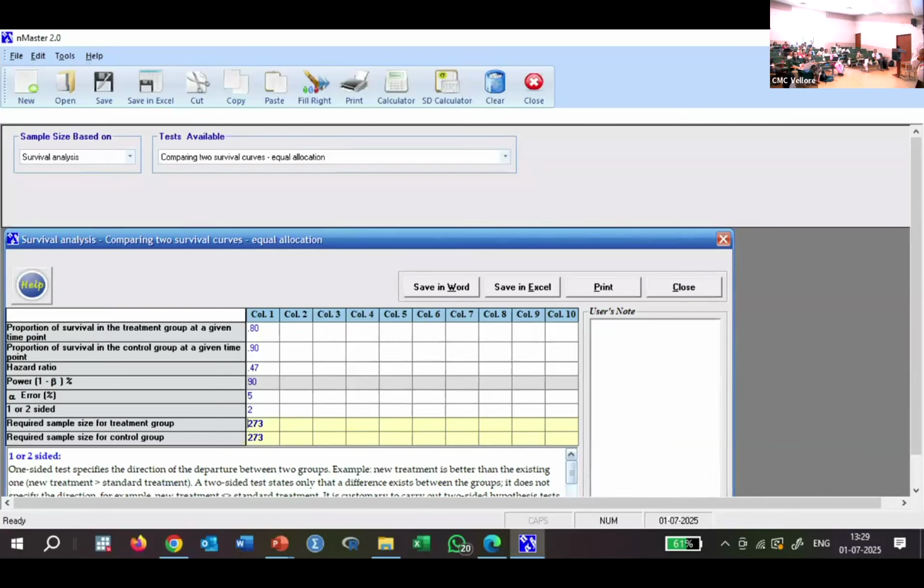This is 2. This is 2. Irrespective of the time, the ratio of the 2 hazards is 2. That is what you mean to say here. If you wanted to use proportional hazard assumptions and models and so forth.